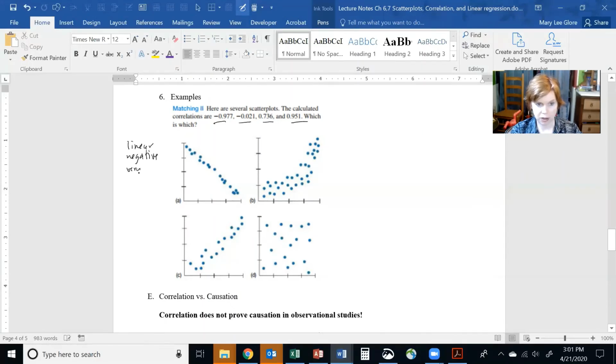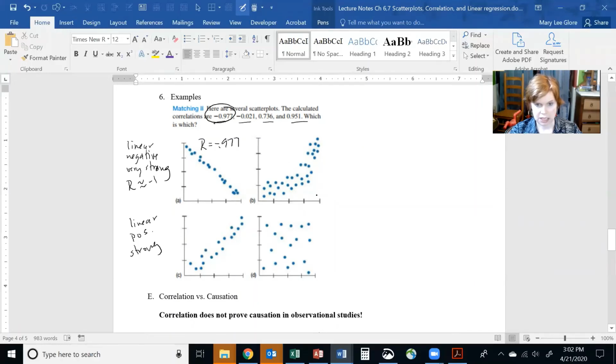So I would expect an R near -1. All right, so that's probably going to be this one. So this guy is R equals -0.977. All right, this one is linear, positive, and I would say it's strong.